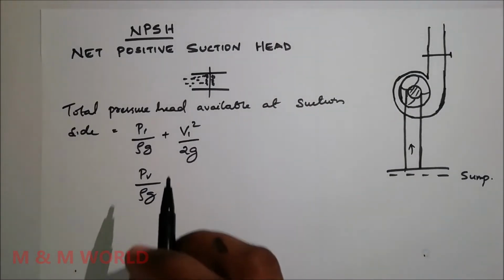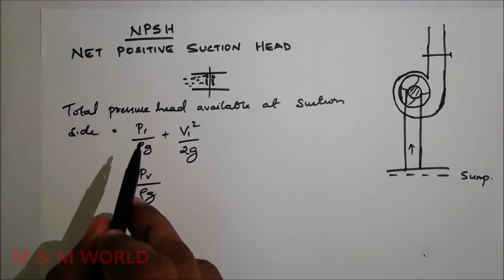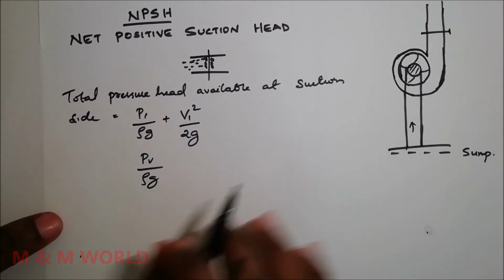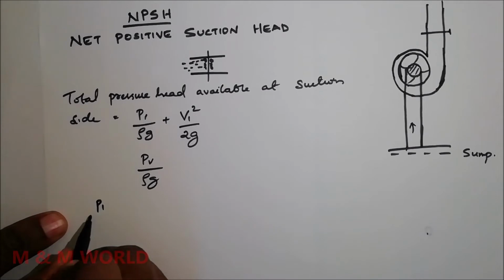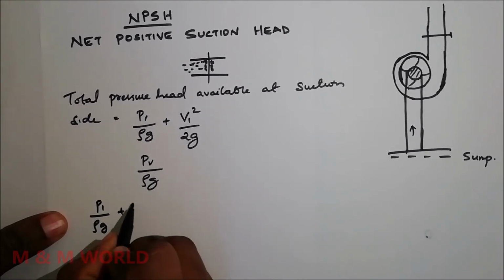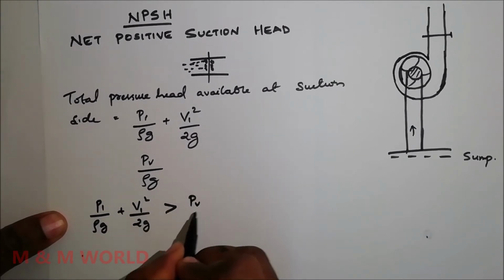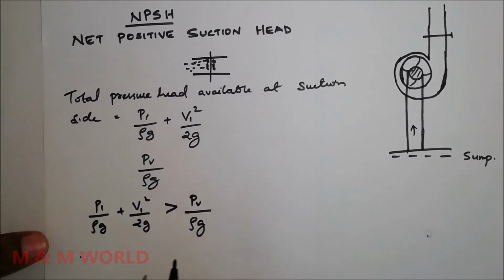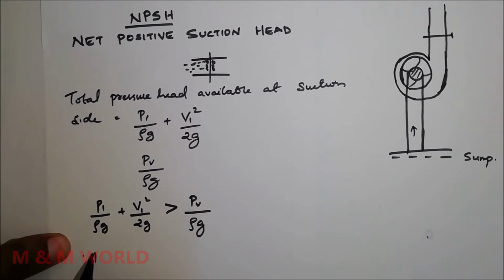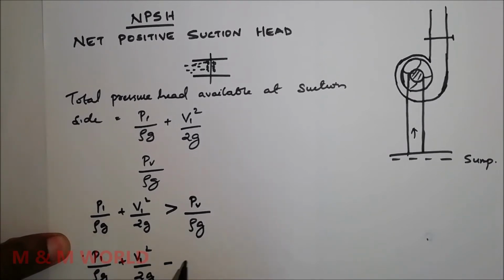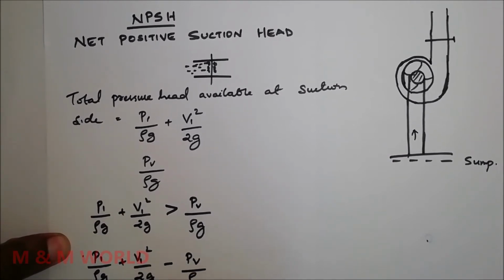So in order to prevent cavitation, the total pressure head available at the suction side must be greater than the pressure head corresponding to the vapor pressure, that is, P1 by rho g plus V1 square by 2g must be greater than PV by rho g. That is, P1 by rho g plus V1 square by 2g minus PV by rho g.